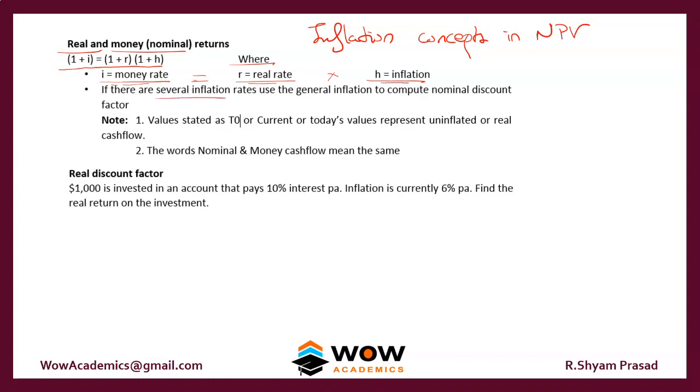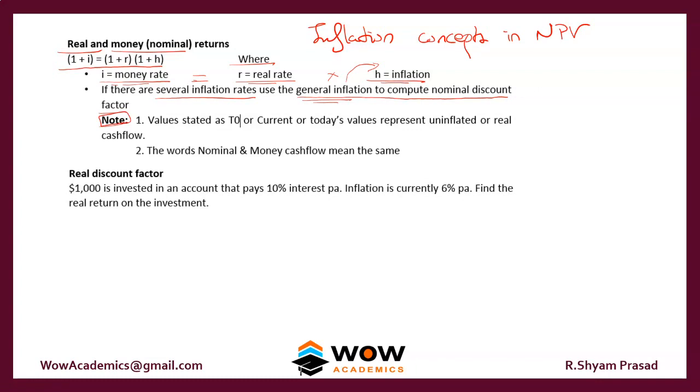If there are several inflation rates, use the general inflation rate to compute the nominal factor. So assume a problem tells you there's a wage inflation, materials inflation, and general inflation. The general inflation number is what you have to use for this inflation. Also, there's an important note here.